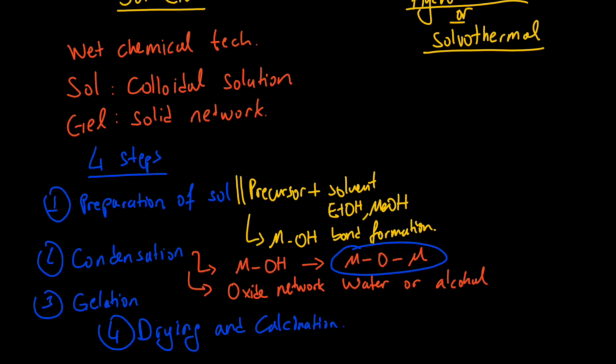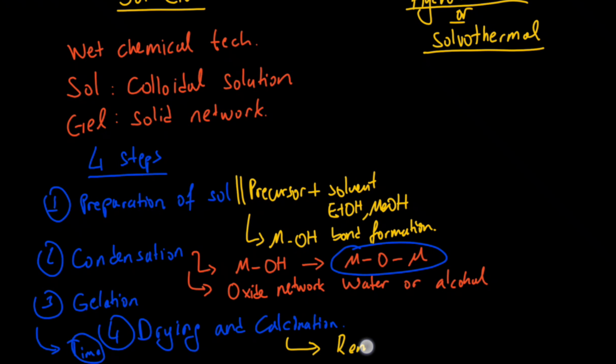And we have a gelation process, and the sol gradually thickens and becomes a gel, a continuous solid network containing solvent within the pores. We create a gel due to the process, so it takes time. After the gelation, the gel is dried to remove the solvent.